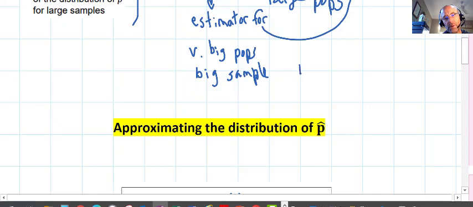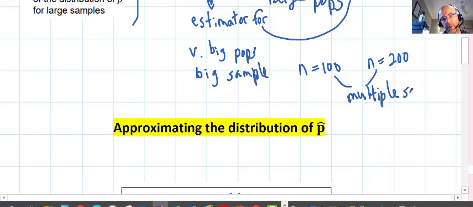So we could be doing sample sizes of 100 or 200, and then we could have multiple samples of each of those. In practice that happens, and we might be looking at hundreds.